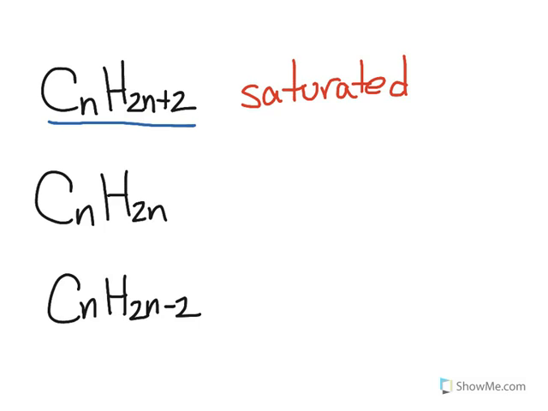For example, I can have a structure that looks like this. So this will be propane. This right here would be butane. I can also have structures like this, 2-methylpropane. Or I can even have structures like this.